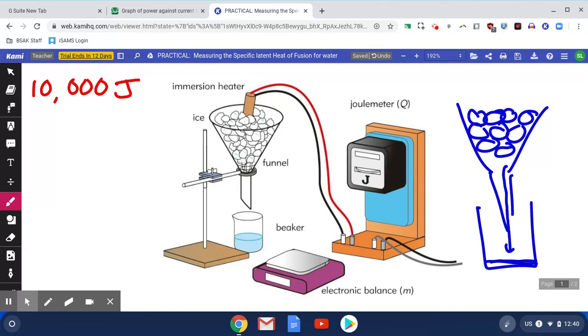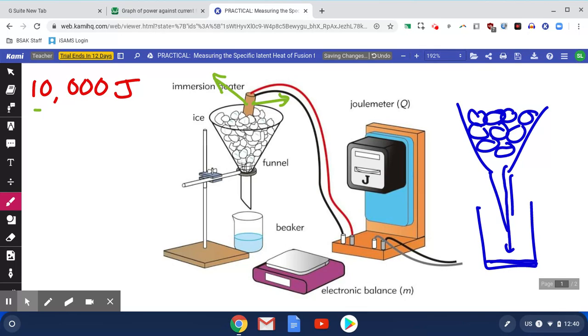That's a very big question, isn't it? The answer is no. And the real answer is not even close. In fact, quite a big portion of that 10,000 joules goes into the atmosphere.